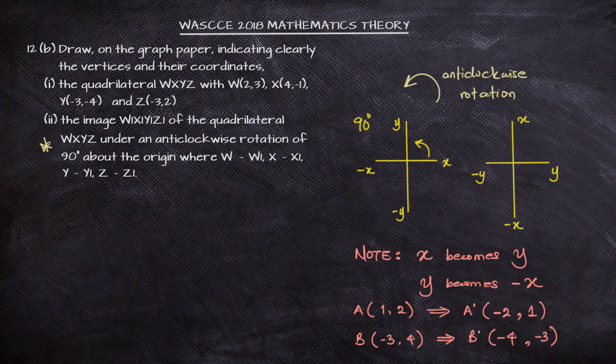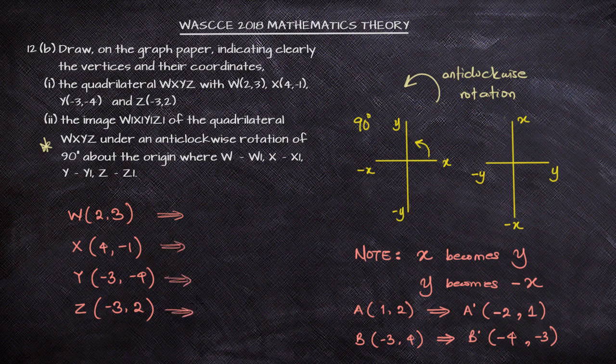So let's bring in our graph paper again. Okay, before we do that, now let's say for these values that we are given, W, X, Y, and Z. So now the W1 that had been rotated, x will become y, x is now 2, y will become minus x, that is minus 3.